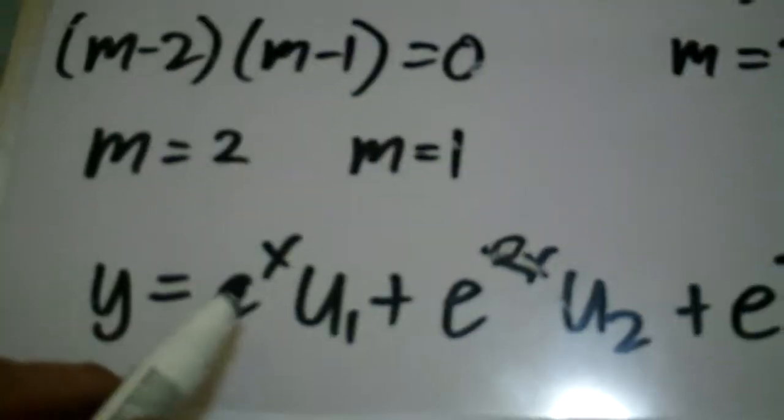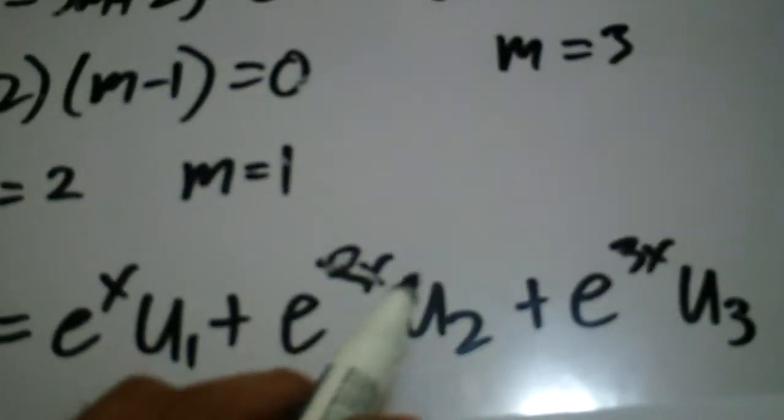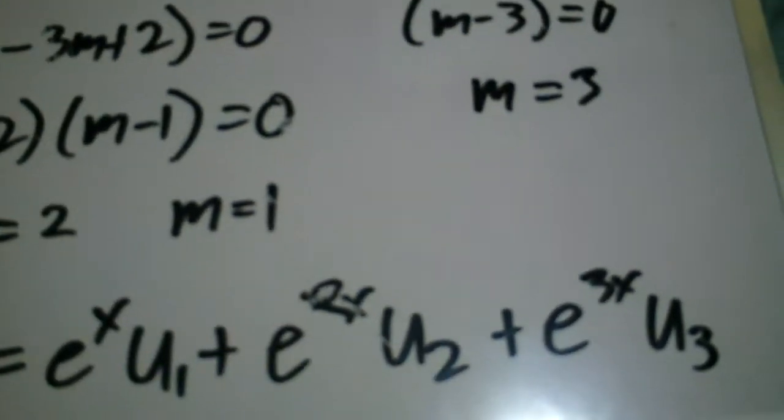So we will get y equals e to the x u1 plus e to the 2x u2 plus e to the 3x u3, since we have the roots 1, 2 and 3.